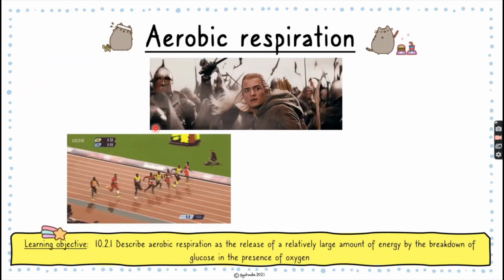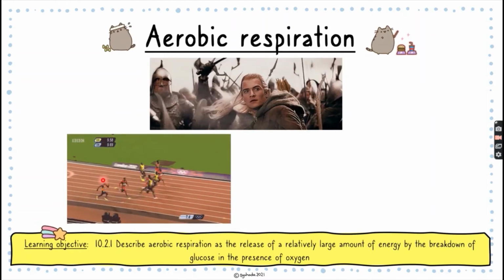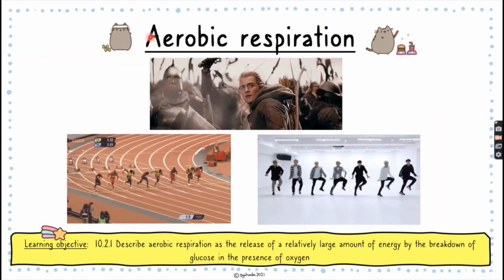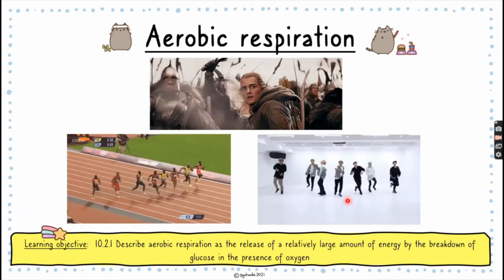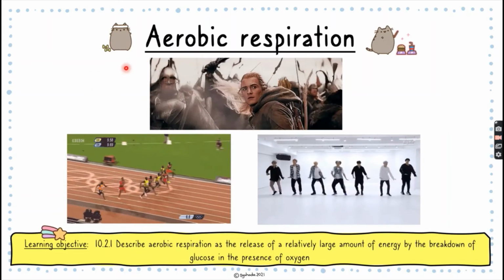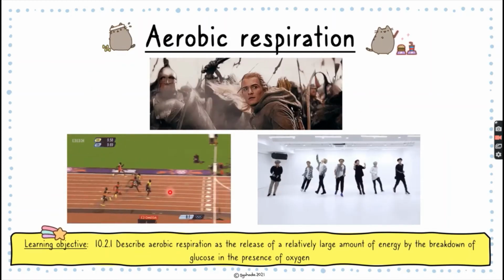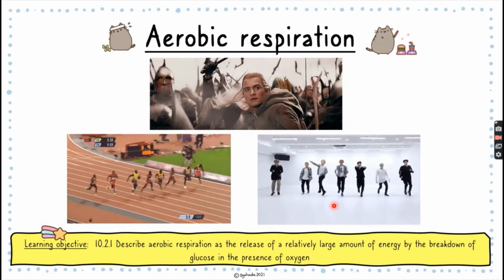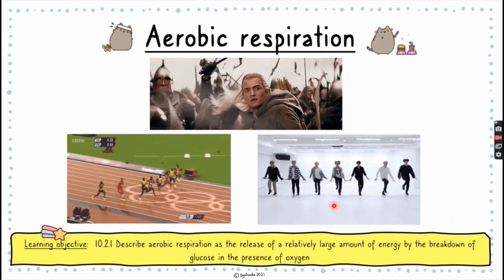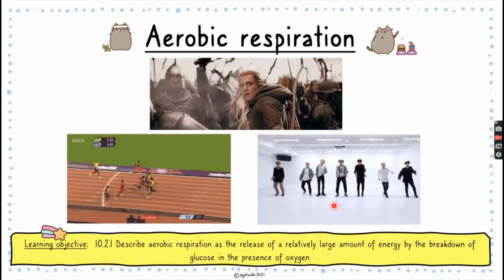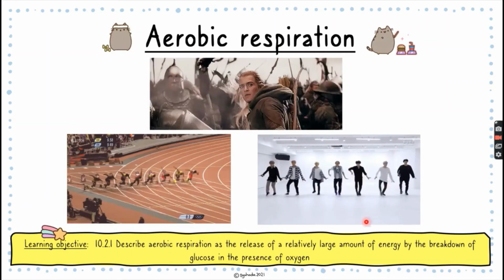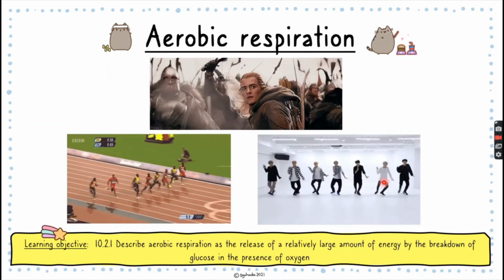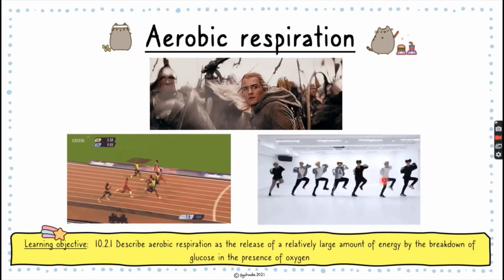At the start of the race, you do release a lot of energy for the race using aerobic respiration. And also if you are doing other aerobic exercises or even dancing. So at the start of the war, races, and right before you start your dance routine, you're going to be using your glucose and oxygen to release a lot of energy, because all of these occurrences really require a lot of energy so that your body can do what it wants to do.